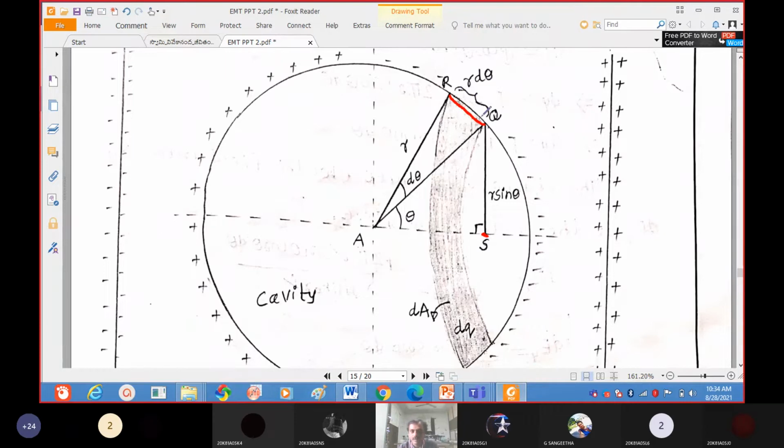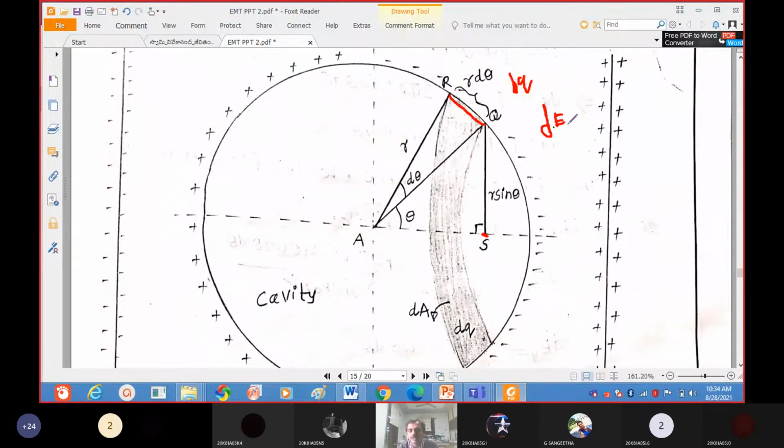Now here there is a small charge dq. Due to that small charge, there is some electric field at point A. What is the electric field? Let us take it as dE. We are taking a small part, and due to that small part an electric field is developed.